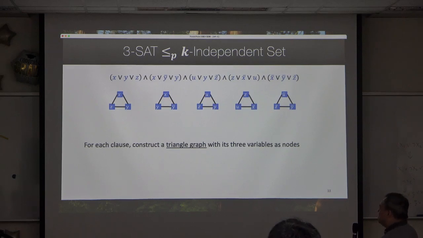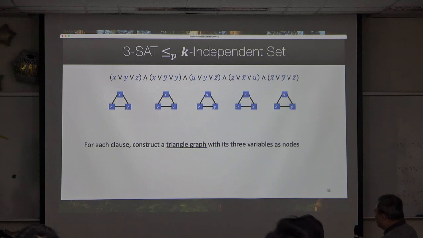I forgot to mention that criterion. Anyway, let's try to construct this. We have 3 nodes in each triangle, and 5 triangles, because we have 5 clauses.